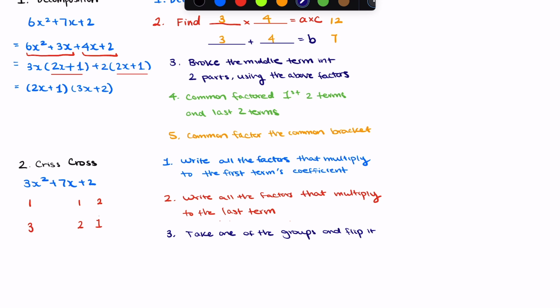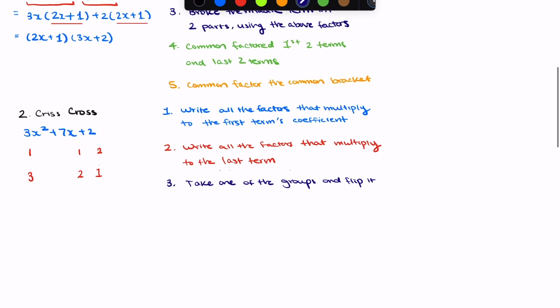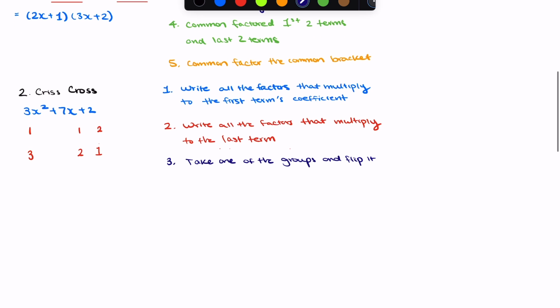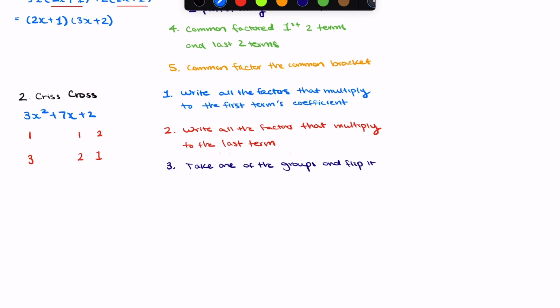So here we flipped 1 and 2 to 2 and 1. Now we are going to take the first column and multiply it by the second column. And then we'll take for both components. So this is why it's called the crisscross method.